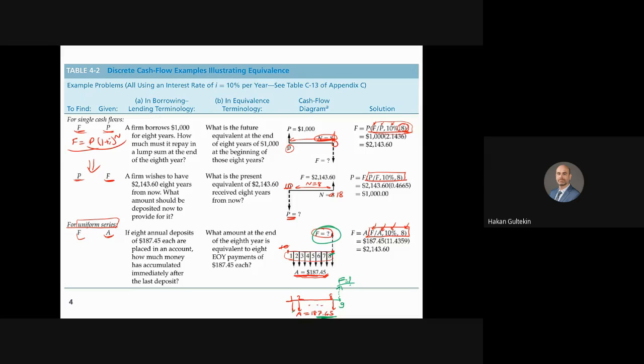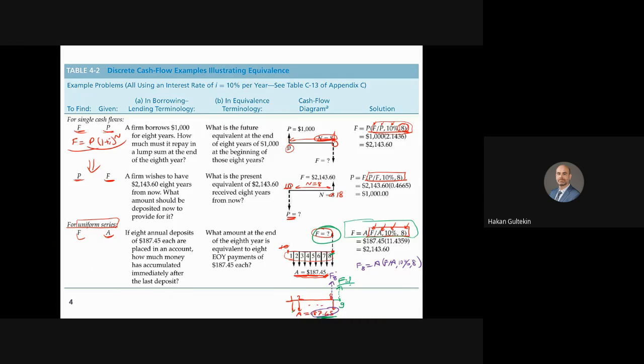Now the thing is, if I use this factor, then I would find the future equivalent at time 8. Okay, so this I'm going to write F8, and this F8 is equal to this A, which is this value, times the factor F given A, 10%, and 8.